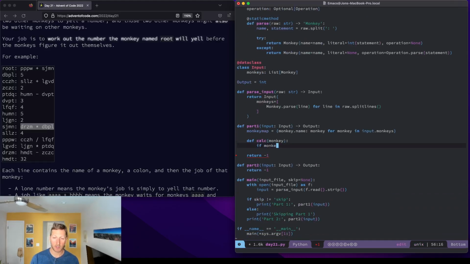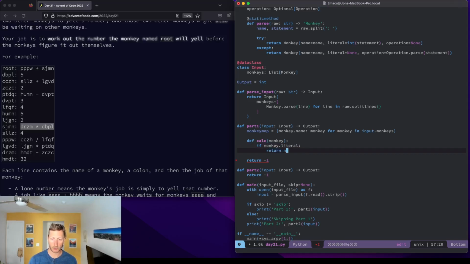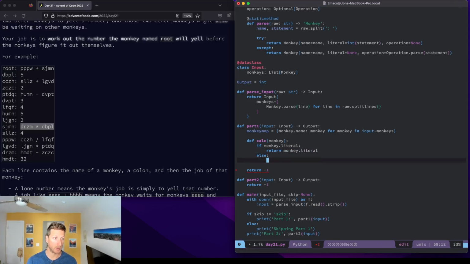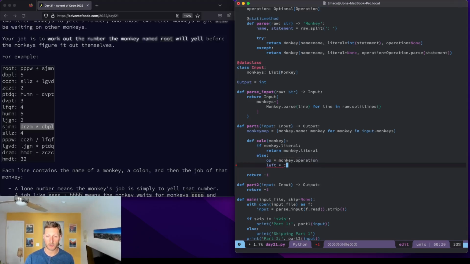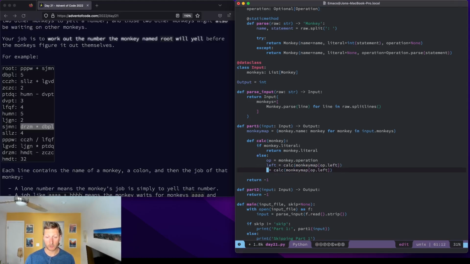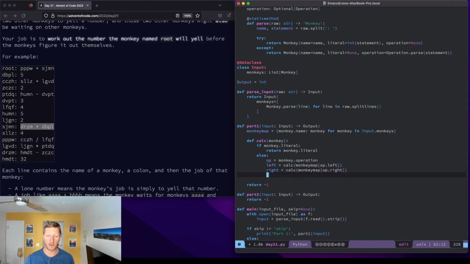All right. If monkey.literal, return monkey.literal, else return: op equals monkey.operation, left equals calc monkey op.left, do the same thing for right, and then return op type, monkey op type dot evaluate left right.